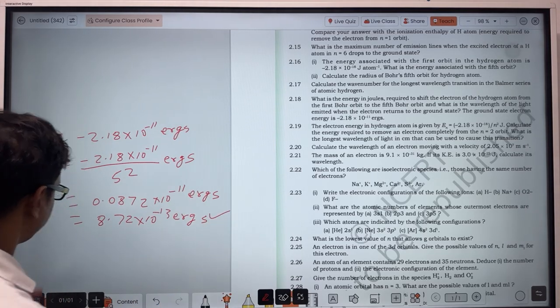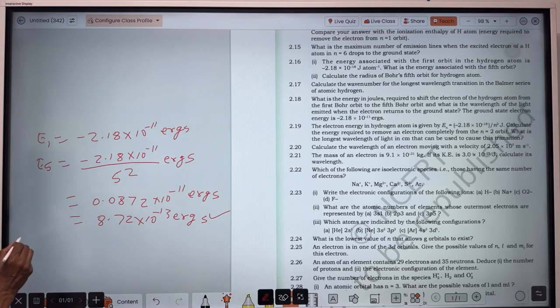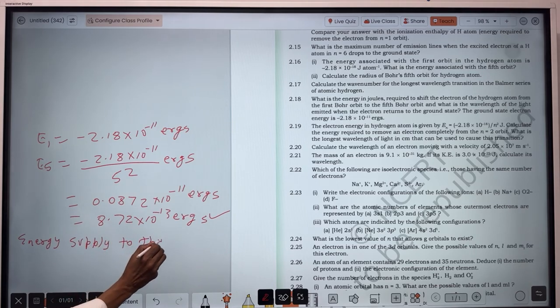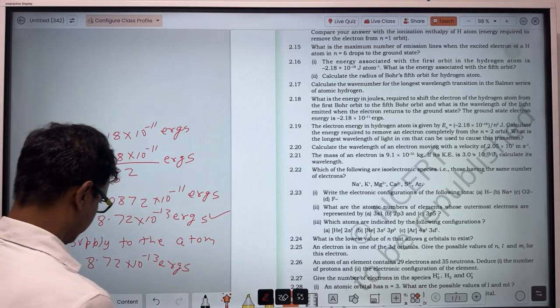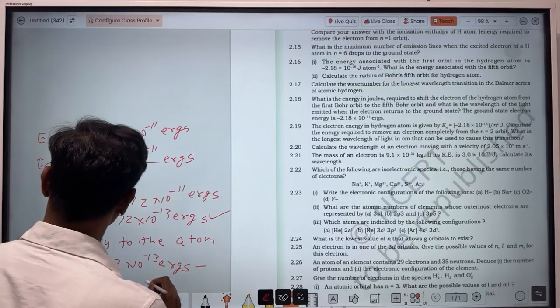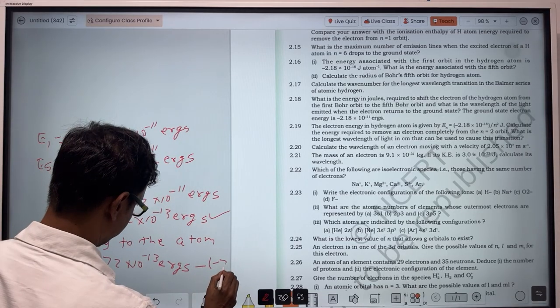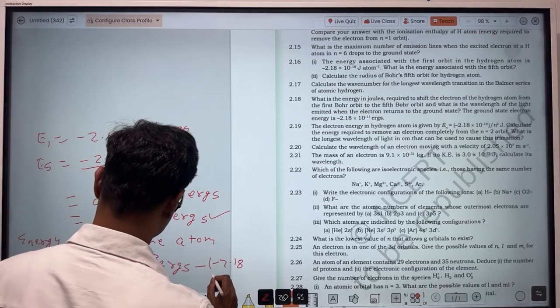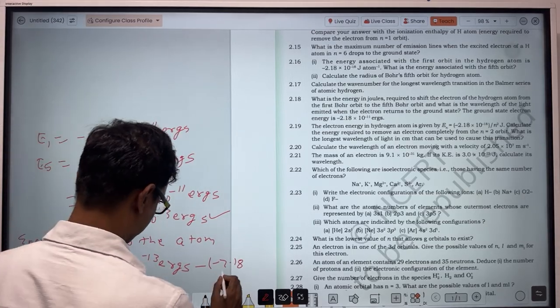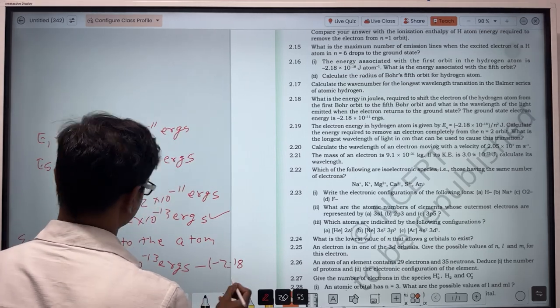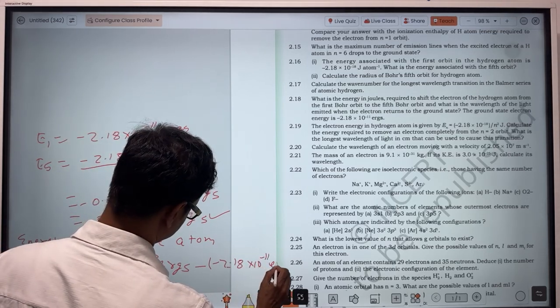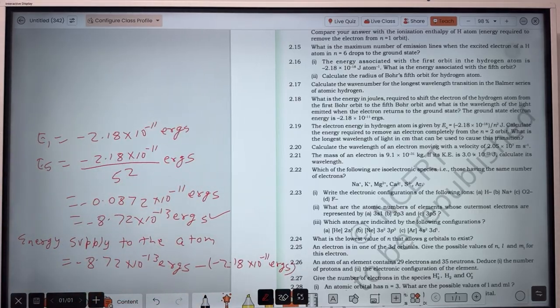Okay, how much energy will be there? So here the energy has increased, so that much energy will have to be supplied. So the energy supplied to the atom will be equal to the difference, you find out.